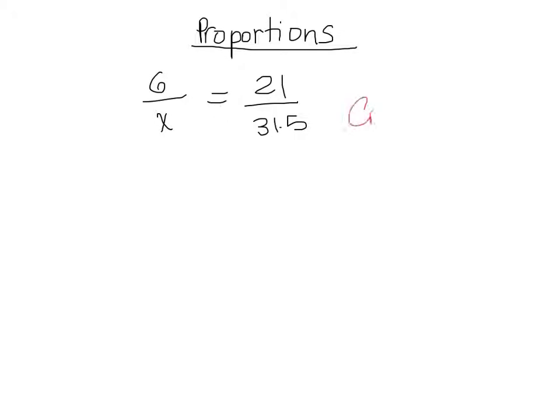All right, so how does one cross multiply? A visual makes it super easy. It's literally a cross, and we literally multiply. Top right, bottom left: we multiply those two things, so we get 21 times x.